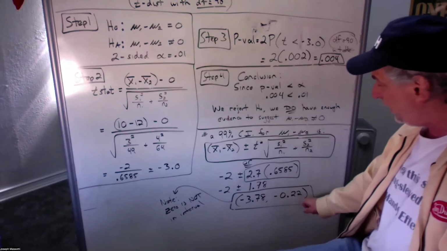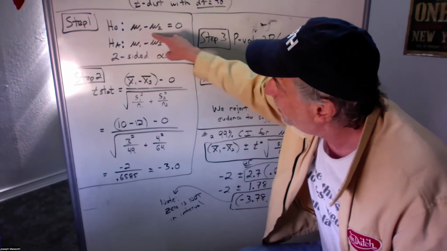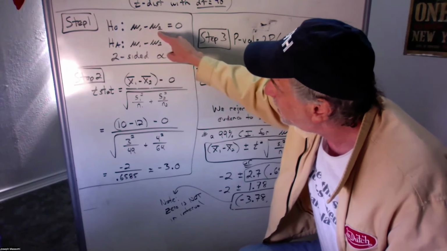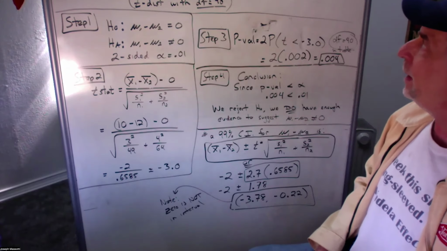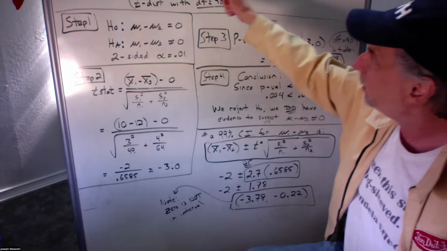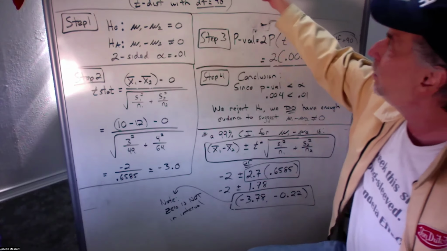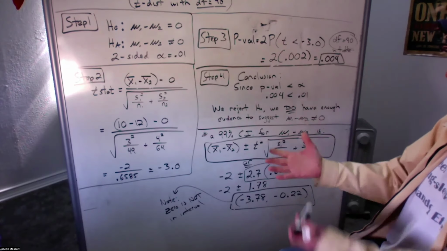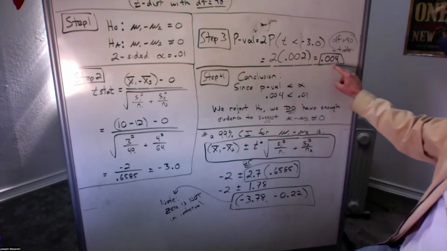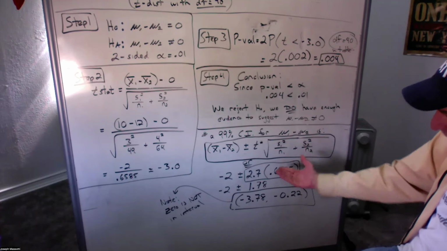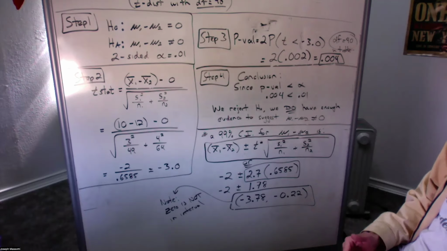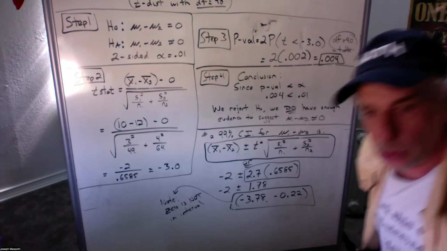Because if this value is going to be negative, then this value has to be greater than that. And that kind of makes sense, right? This value is 12, the value is 10. It's not much of a difference, but the sample sizes are large enough to give us enough evidence and a p-value to reject that null hypothesis, and our 99% confidence interval agrees with that conclusion.